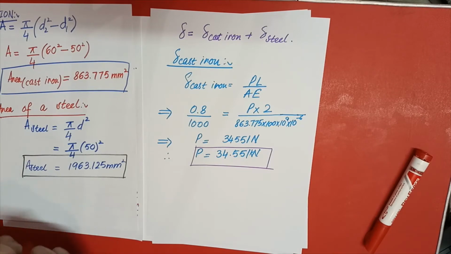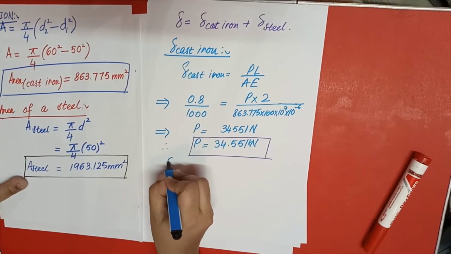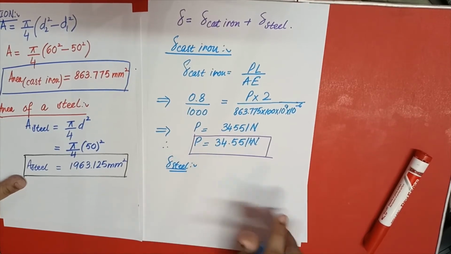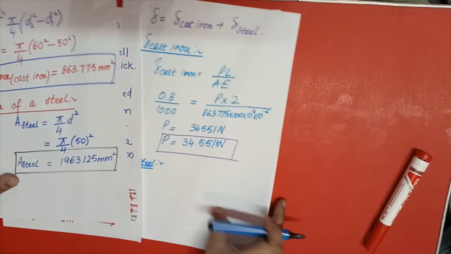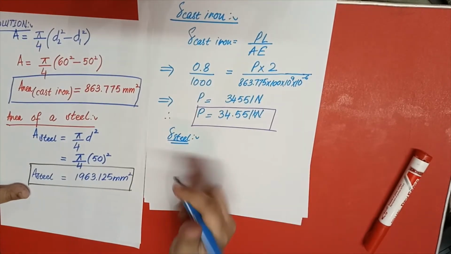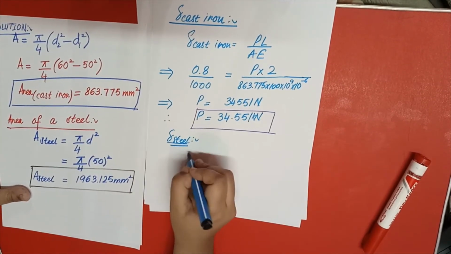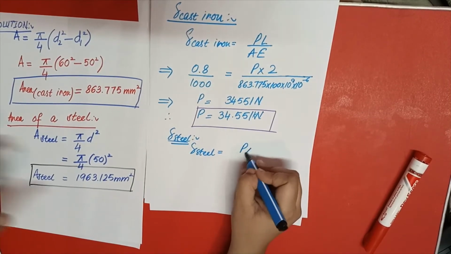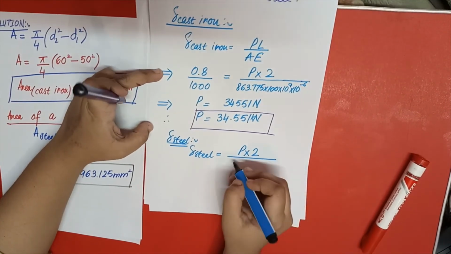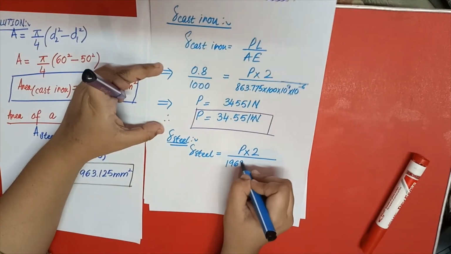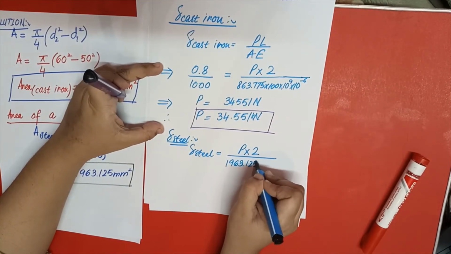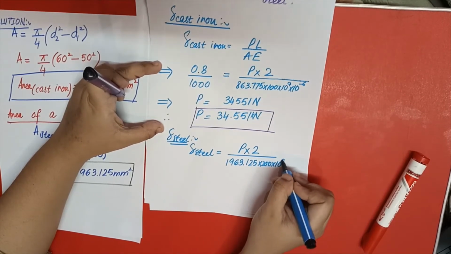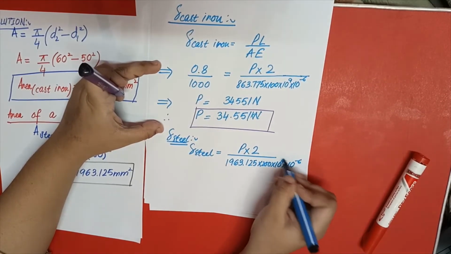Now we have to find out the deformation for the steel. So how can we do that? Let me tell you. P into 2, over 1963.125 multiplied by 200 into 10 to the power 9 into 10 to the power minus 6.